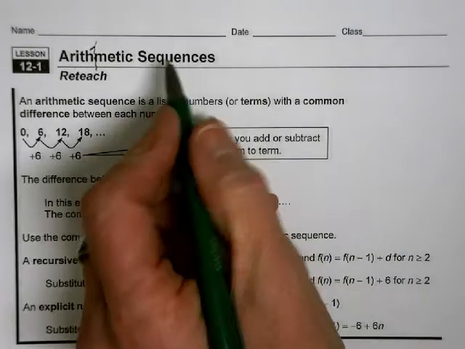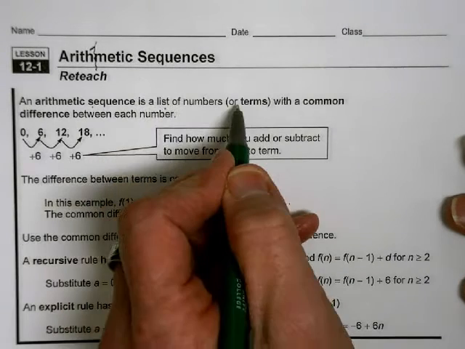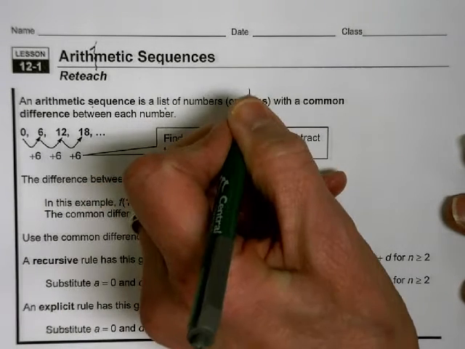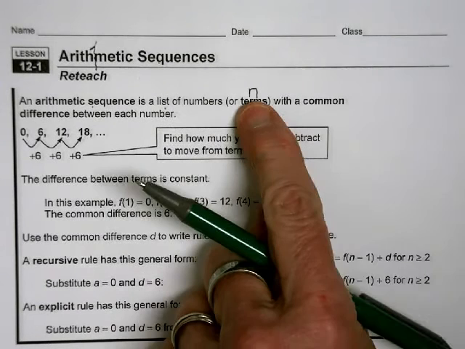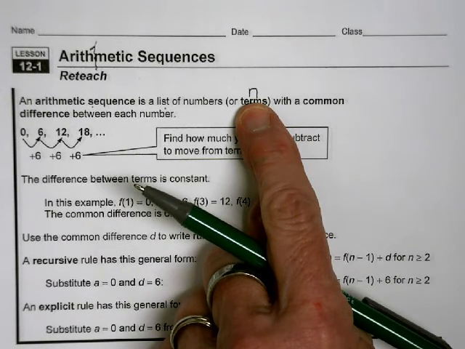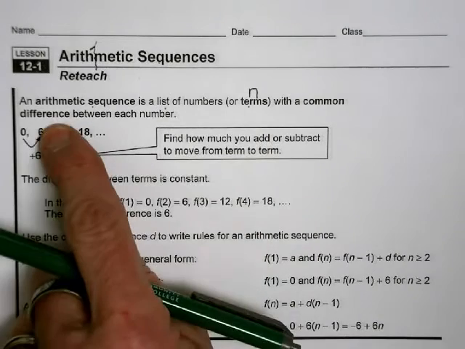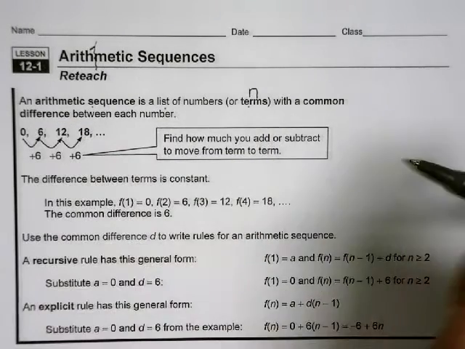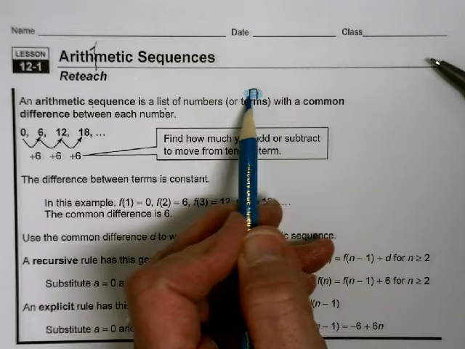And a sequence is just a list of numbers or terms, which we will, in general, the number of term is called n. It didn't really tell you that very clearly in the story, so I'm writing my n above the word terms with a common difference. So whenever you see an n, we're going to color blue.